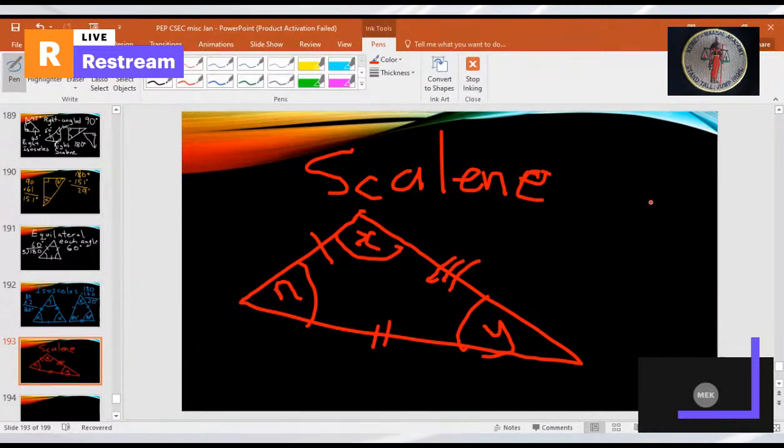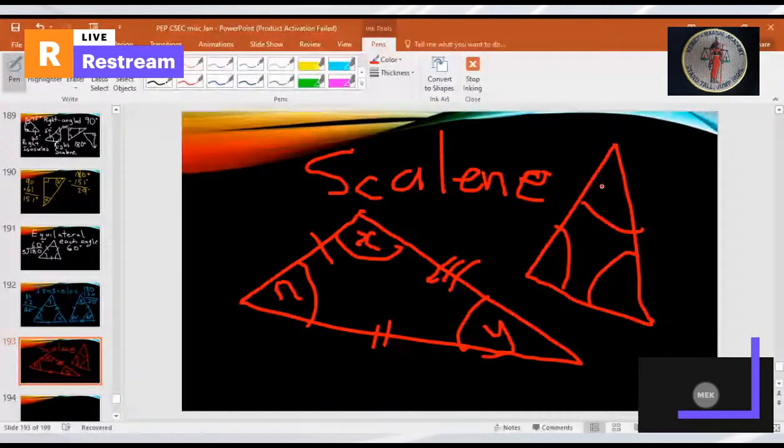So for the scalene triangle, if you are told the angles, if you are told this is 50 degrees and this is 70 degrees, how much is this one? Add the 50 and the 70, you get 120.